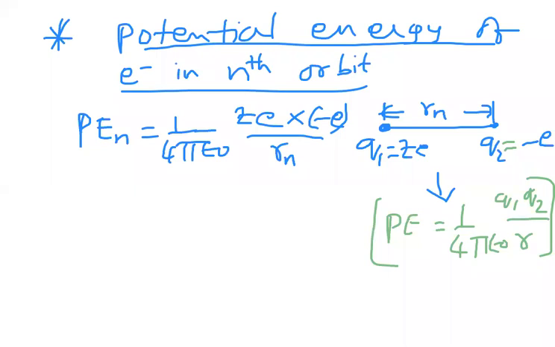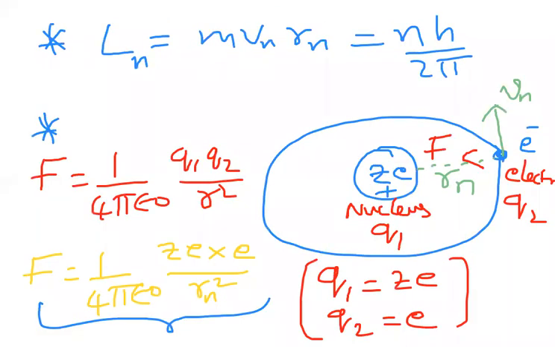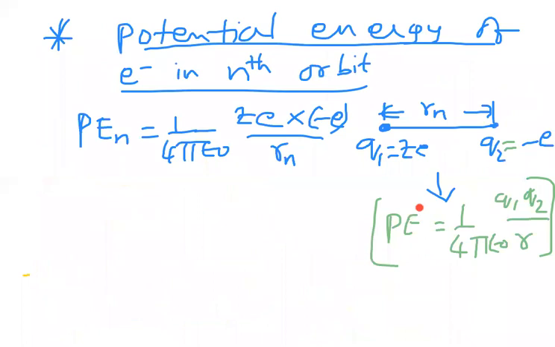Between nucleus positive and electron negative, I didn't put the negative sign because force is a vector; we decide the direction by negative and positive signs. But here energy is a scalar quantity. If it is positive, take it as positive; if negative, directly substitute the negative in the formula. This is the formula for potential energy between two charges.